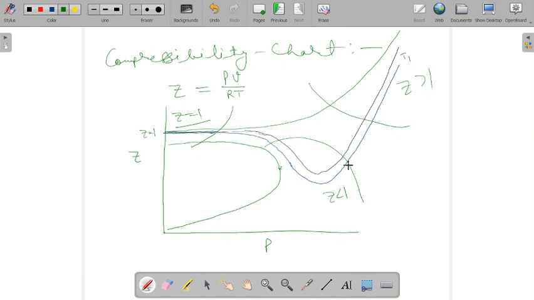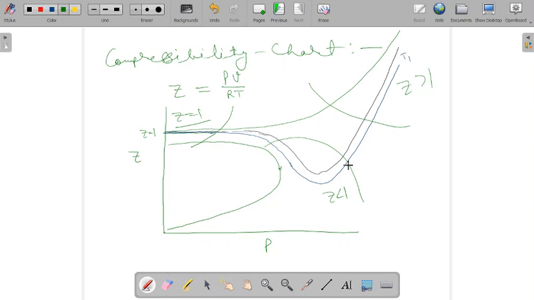Now, if at a certain pressure our molecular locations are such that intermolecular attraction forces are becoming prominent, then what will happen? Attraction will be more.